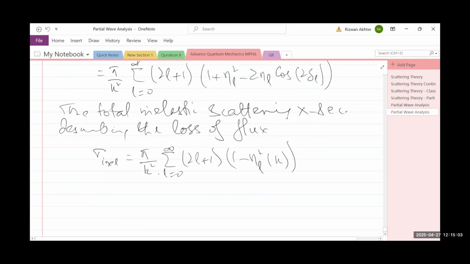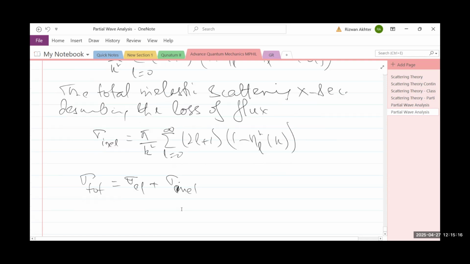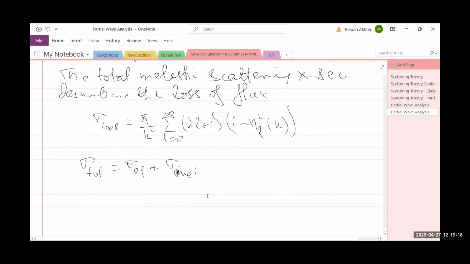And so now the total cross section is basically elastic plus inelastic. So that is in fact the sum of these two terms.